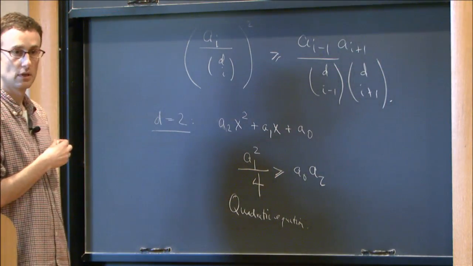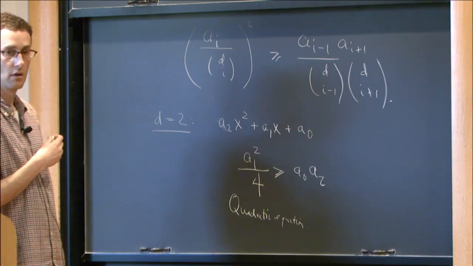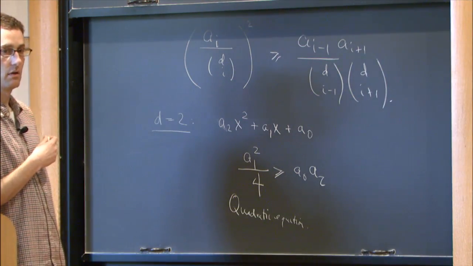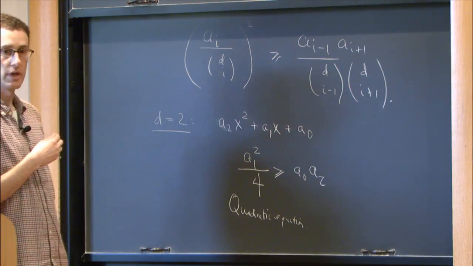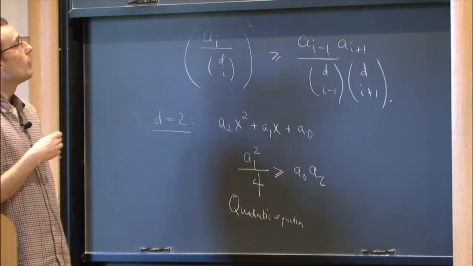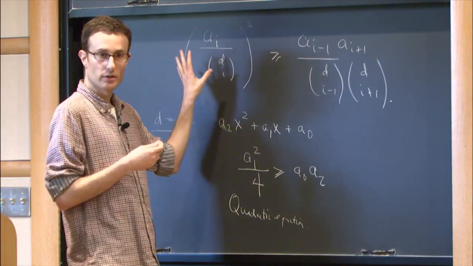So in some sense, it's better to write real-rooted polynomials with this normalization. Yeah, so this is called ultra-log concavity.